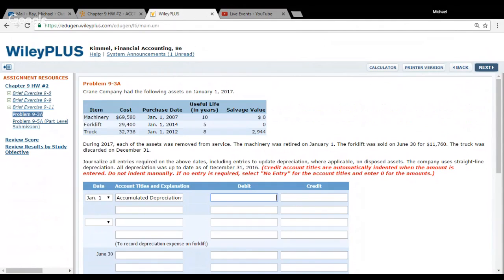Since the machinery purchase date was 2007 and it has a useful life of 10 years, and we're doing this in 2017, we've had it for 10 years already. So we're going to be doing the entire cost of the equipment there. Then we credit the plant assets account because it was a plant asset.